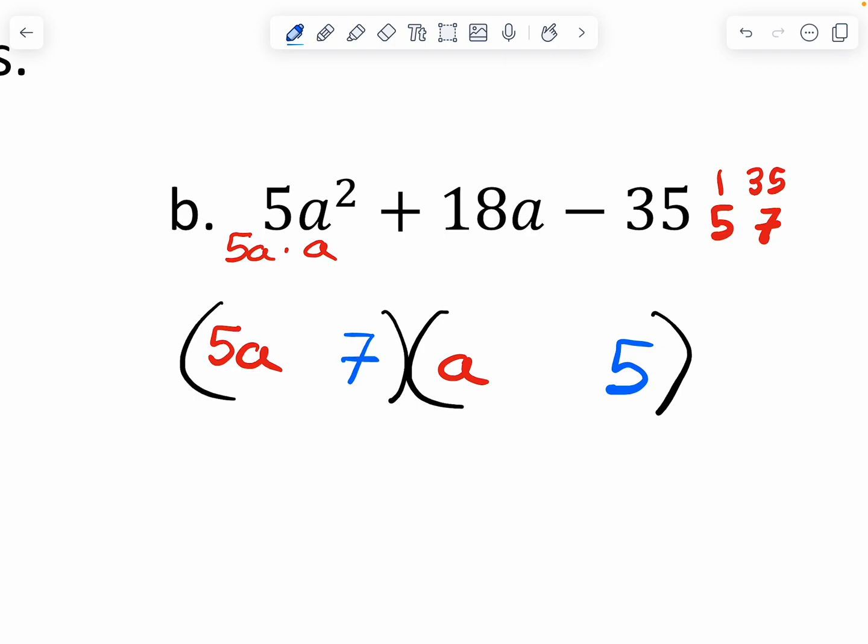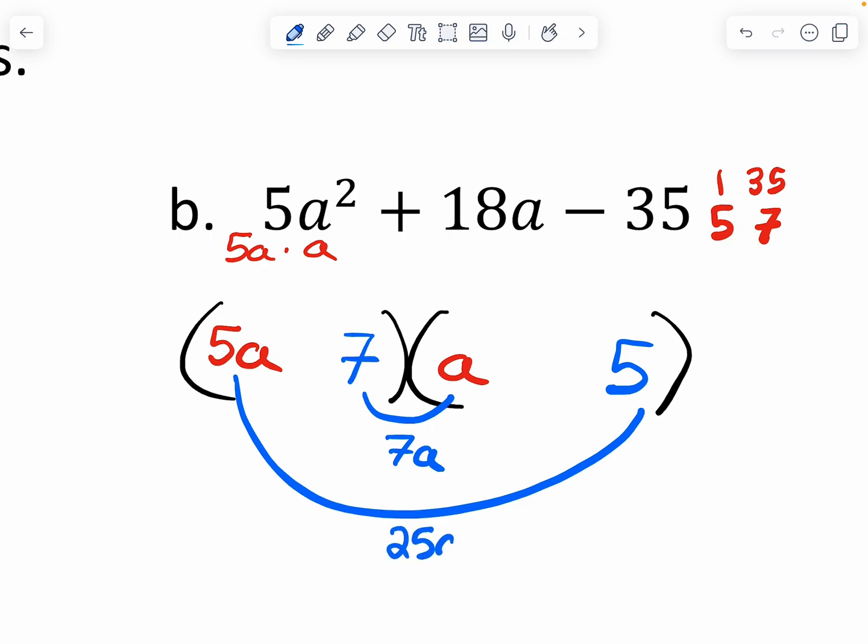So now, if I check these, if I multiply my insides, I get 7a. If I multiply the outsides, I get 25a. And I'm thinking, is there any way I can make 18a with those two numbers? And I could if one of them was negative. And what's nice here is we do want them to multiply together to be a negative, which means one should be positive and one should be negative. So I need more positives than negatives.